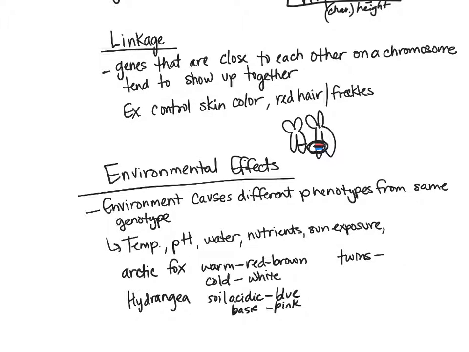For example, differences in nutrition could make one shorter than the other. If one gets a lot less of the nutrients, they may be a lot less healthy. Or tanning, being in the sun, might change the color of the skin, so that would be different phenotypes rather than a genetic difference.